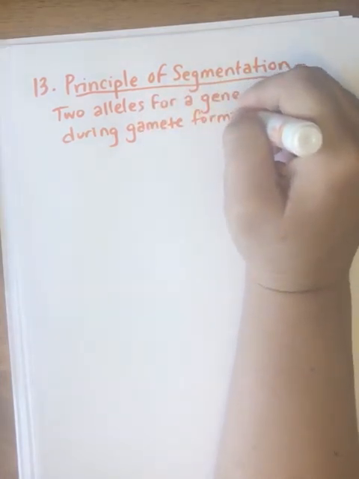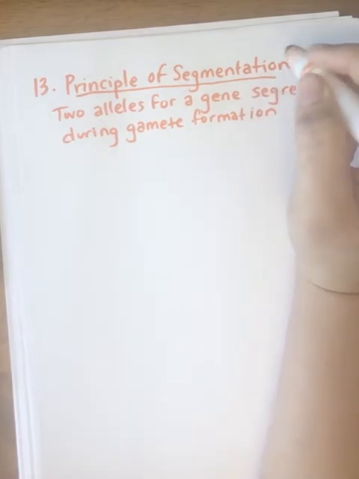If you remember in meiosis, to produce sex cells, your mother's and your father's genes separate during meiosis 1 when homologous chromosomes separate from each other. So during our gamete formation and meiosis, they're going to separate.